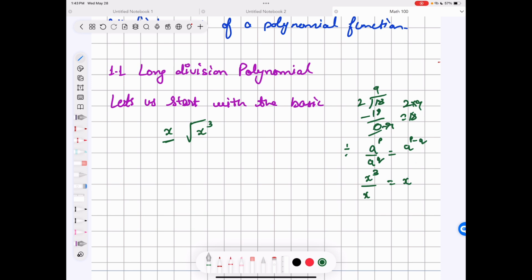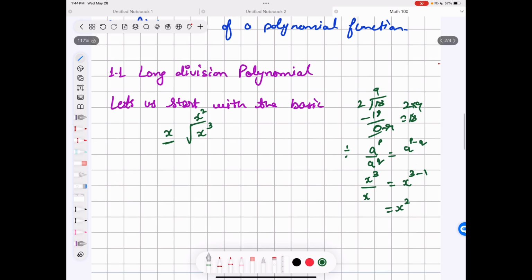So x to the power 3 minus x to the power 1 would give us x to the power 2. This would be our quotient, x to the power 2, and now we are going to multiply x to the power 2 by x to the power 1 in order to get x to the power 3.